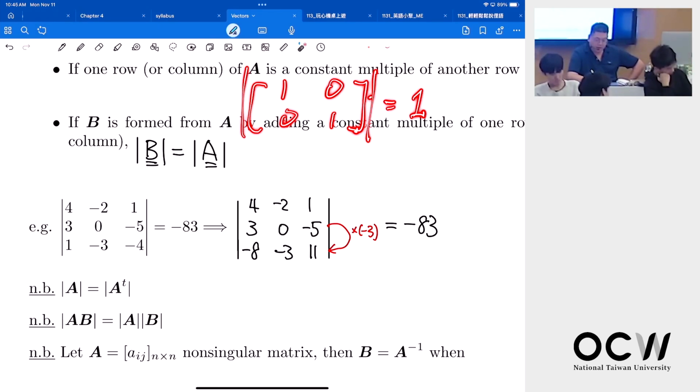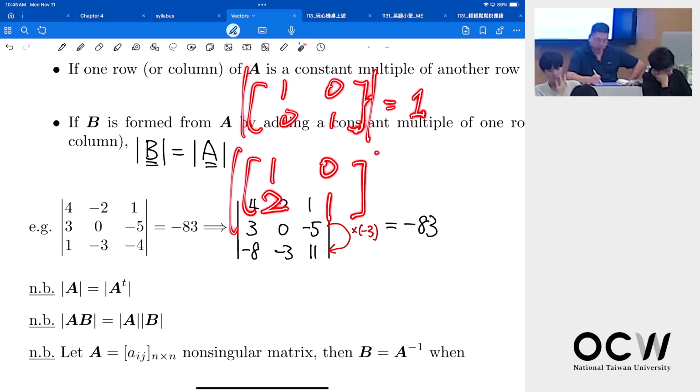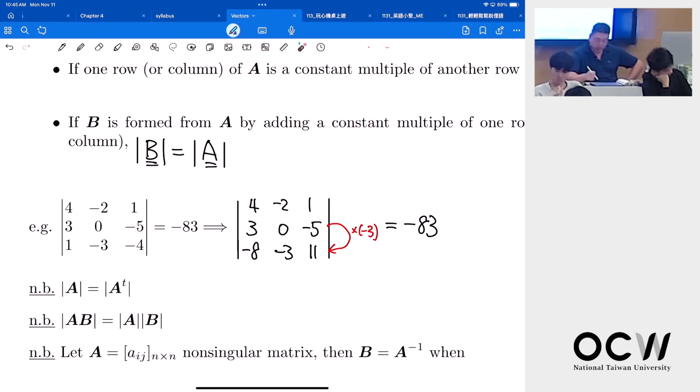If I multiply the first row by 2 and add it to the second row, I'll get 2 1, right? Then the determinant is still 1, because here their multiplication is 0, it's still 1. So if you do any row operations, the determinant is the same.